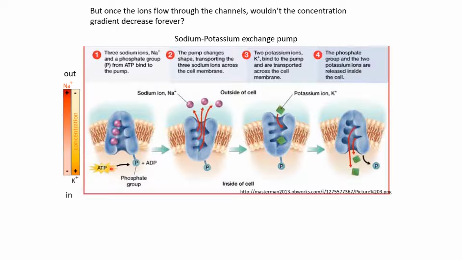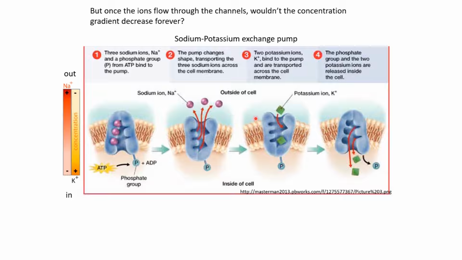A phosphate from the ATP binds to this protein, the pump, and 3 sodium ions also bind to it. With the binding of this phosphate group from the ATP, the protein configuration changes, and it opens up towards the outside and throws out the sodium ions.